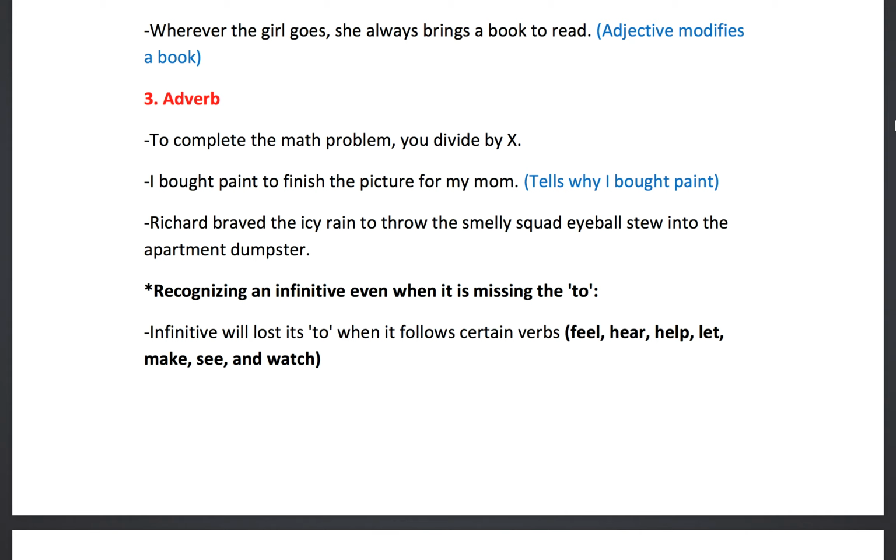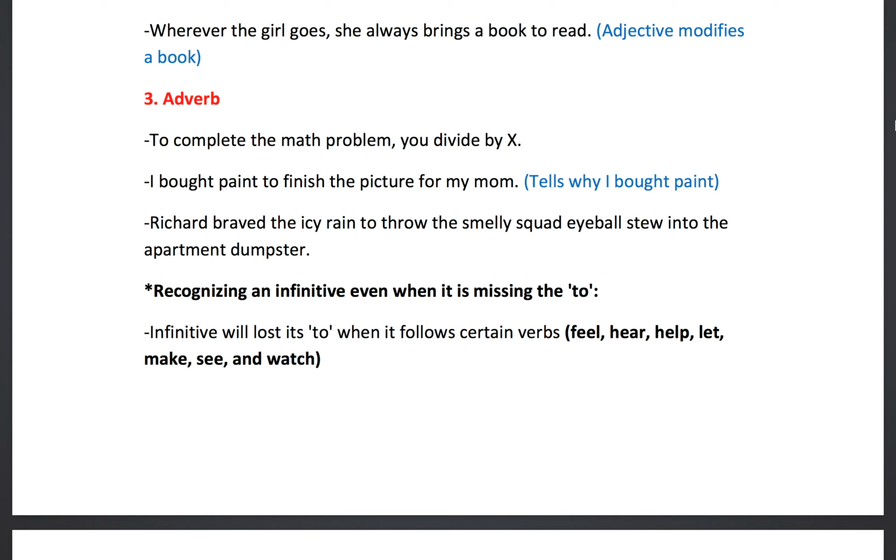The other thing that you can recognize the adverb by is that it's coming at the beginning of a sentence and we have the comma following. In the other clause we have the subject and the verb and the object. So you can know that to complete is not a subject of a sentence.